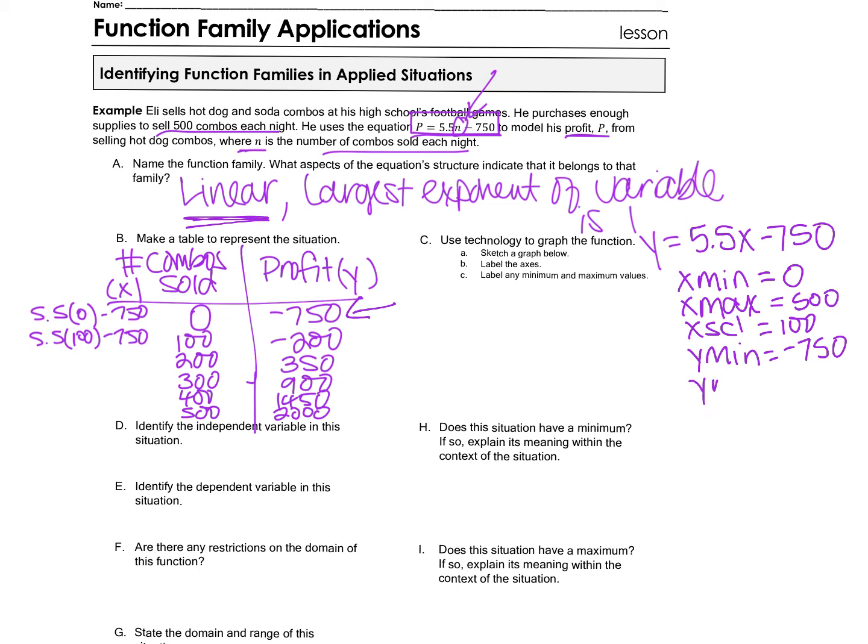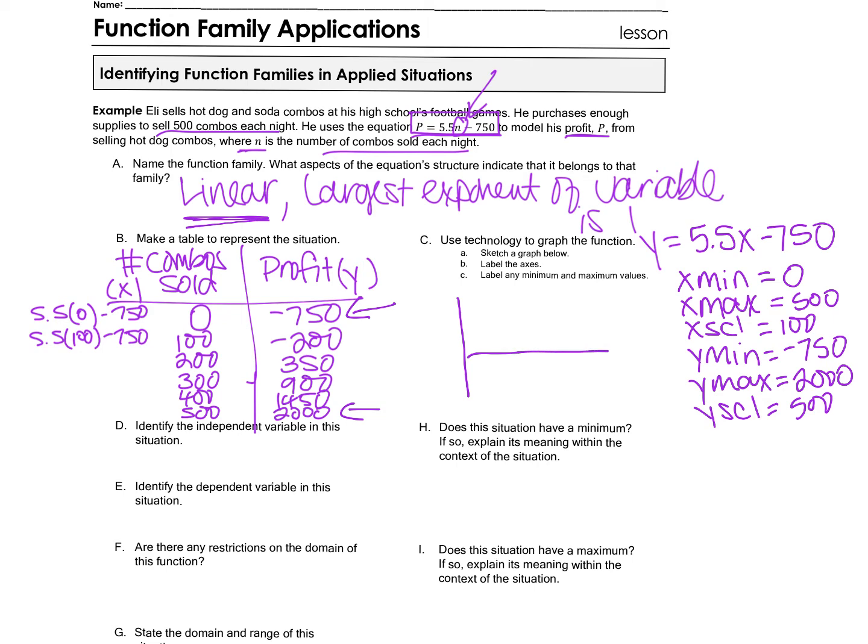And then my Y max is 2,000. Your Y scale, you can set it at whatever you want. So we're going from negative 750 to 2,000. So I'll just set it at 500. So there's no right or wrong scale here. So you should be seeing on your graph something that is similar to this.